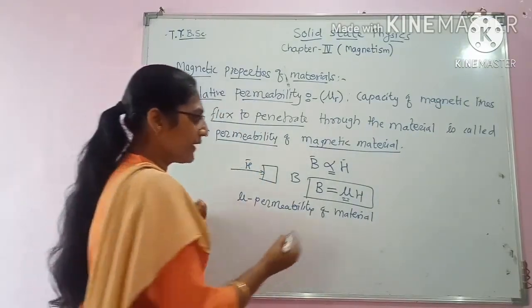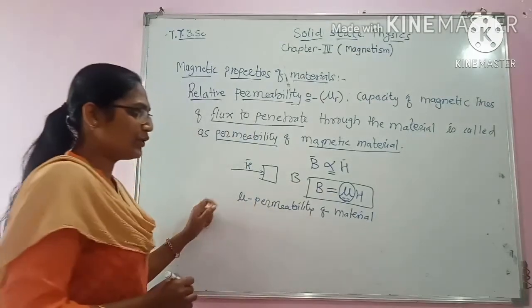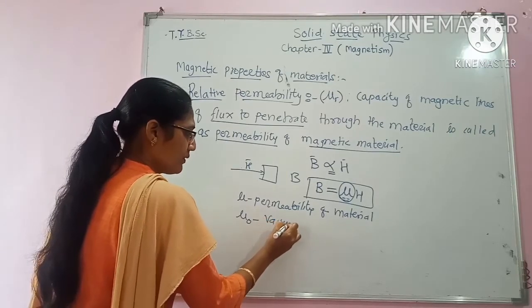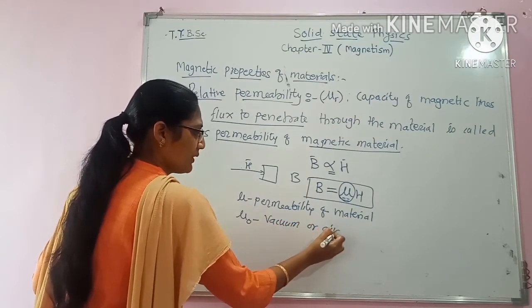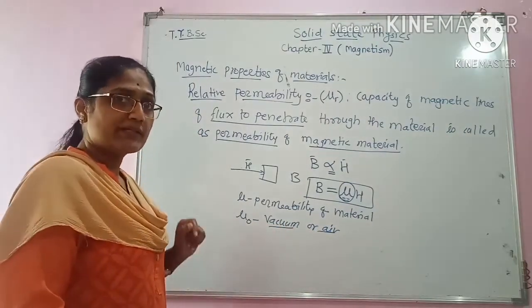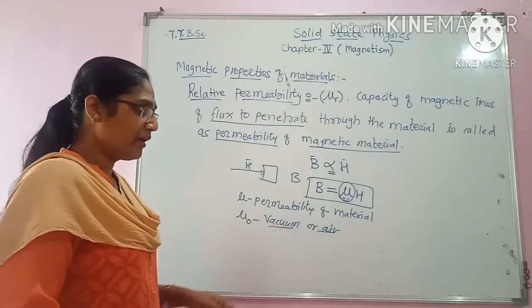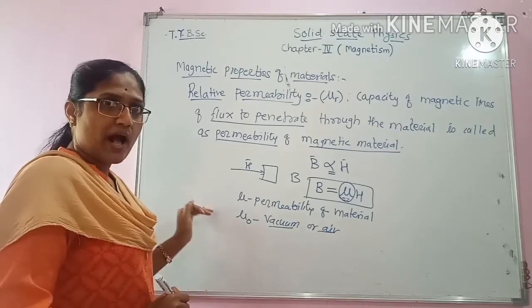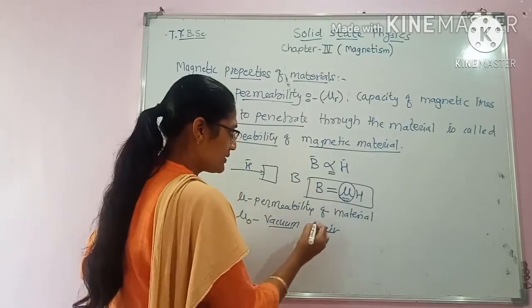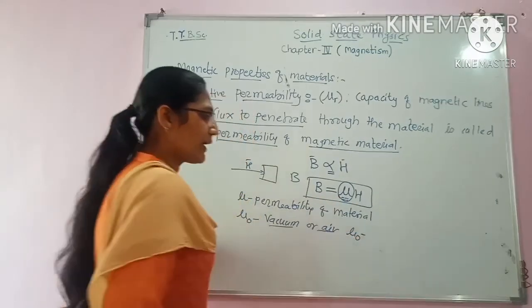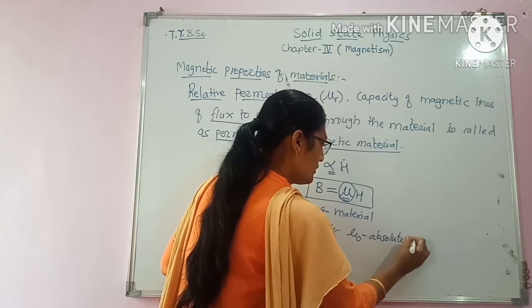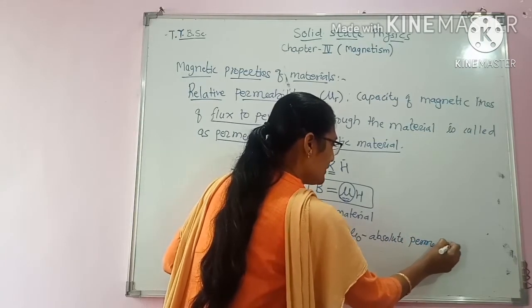And if we consider this value of mu for vacuum or air, that is, if the medium in which the magnetic material is placed is vacuum or air, or the lines of flux are penetrating through vacuum or air, then this mu is given by mu naught. It is called absolute permeability.